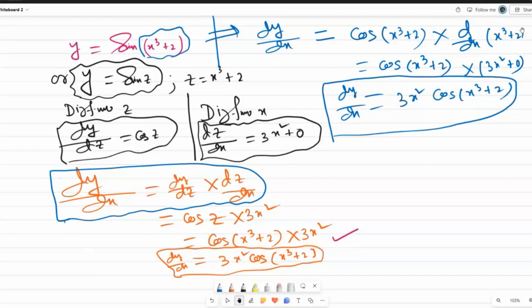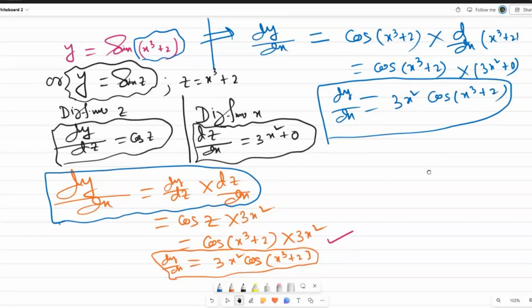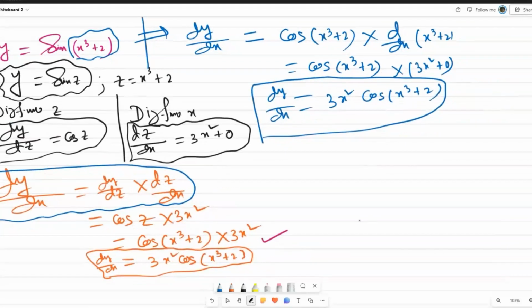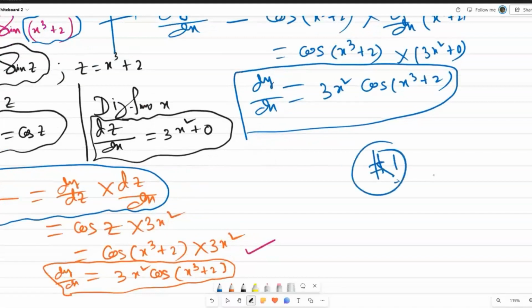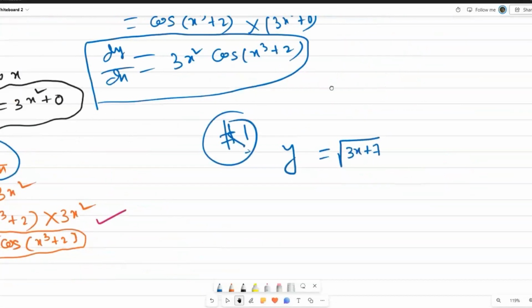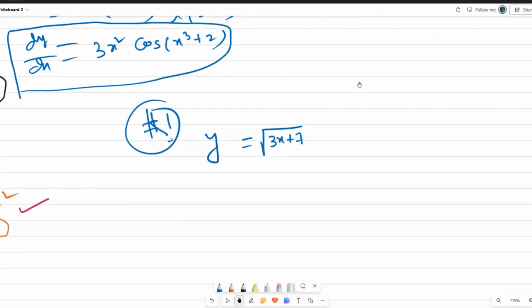Let me apply another sum here. Example 1: y equal to root over 3x plus 7. I have to find its dy by dx. If you use chain rule, I don't have any problem.